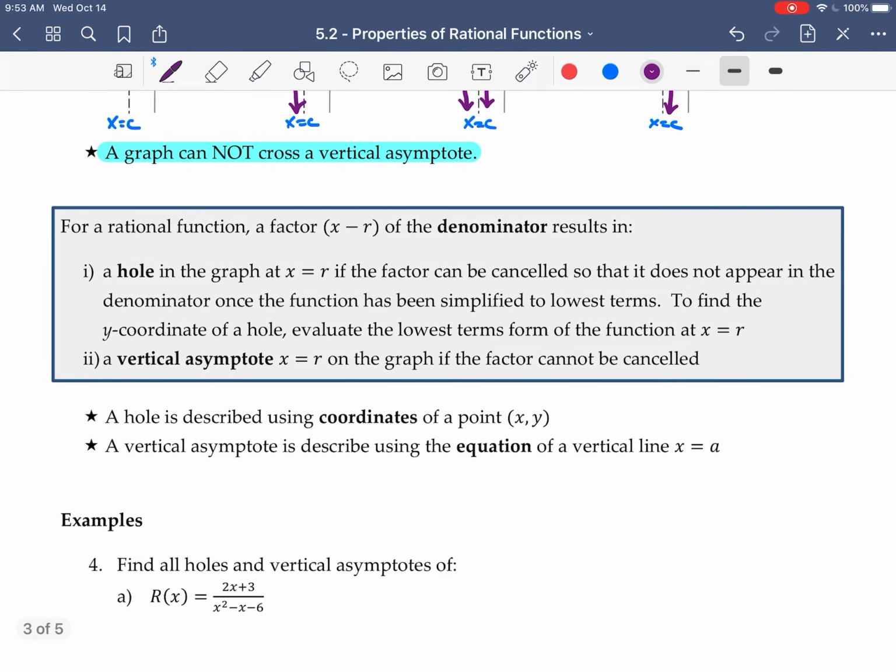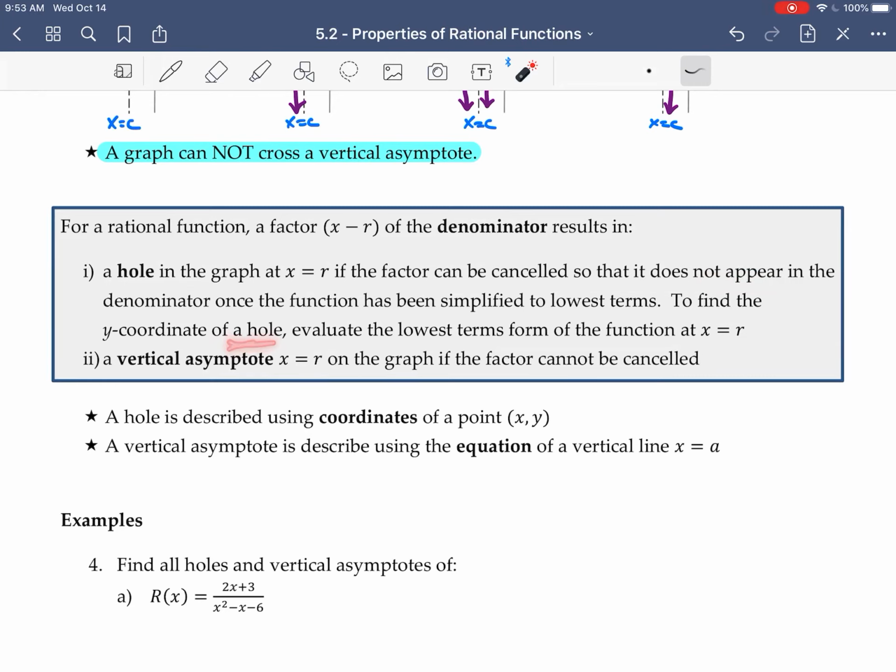So here's how we can tell the difference. How do we know when there's a vertical asymptote versus a hole? A hole in the graph at x equals r happens if we have x minus r as a factor in the denominator, but that factor can be cancelled so that it does not appear in the denominator in the simplified, lowest terms.